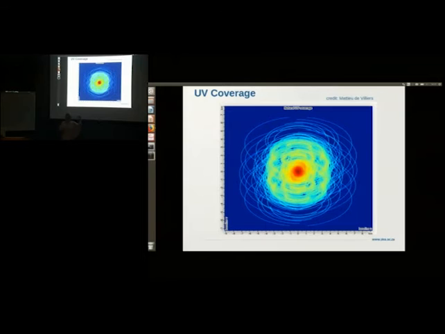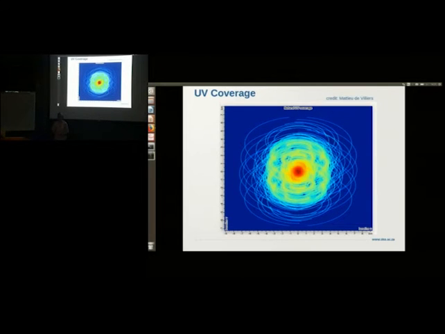So remember, at the beginning of the talk, I talked about baselines and how a baseline is the distance between any two telescopes, well, any two antennas in the telescope. For each baseline, at a specific point in time, you get one sample on the UV coverage plane. For MeerKAT, the calculation for the number of baselines is n times n minus 1, divided by 2.